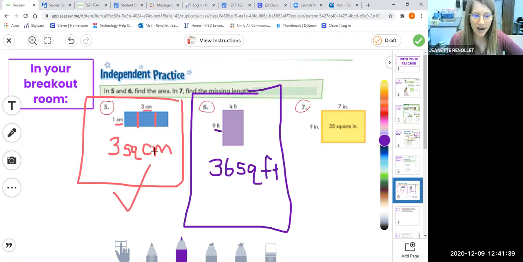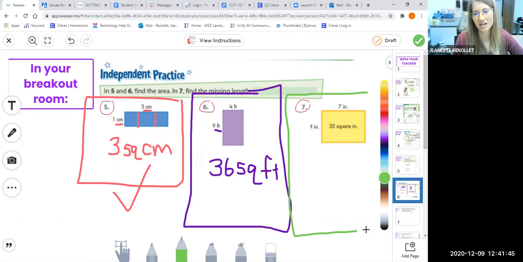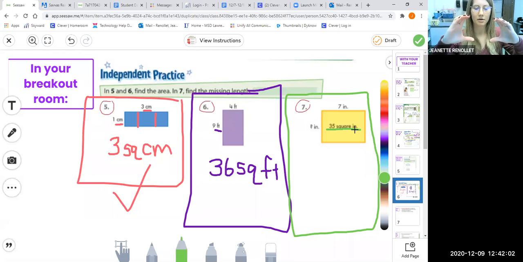Awesome. Now, number 7, boys and girls, I kind of tricked you. I asked you to find the area, but I forgot on this one. They told us the area. On number 7, they tell us that there are 35 square inches inside the rectangle.